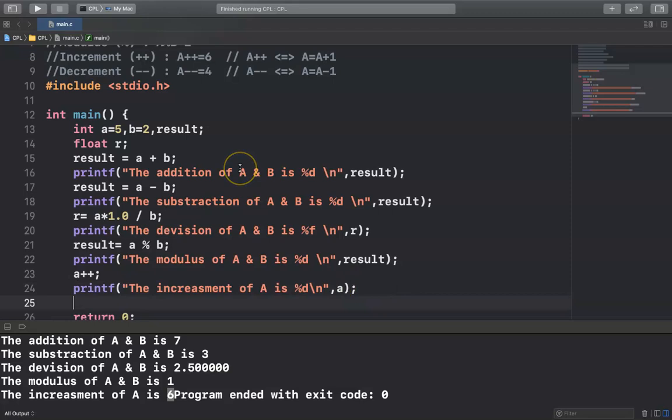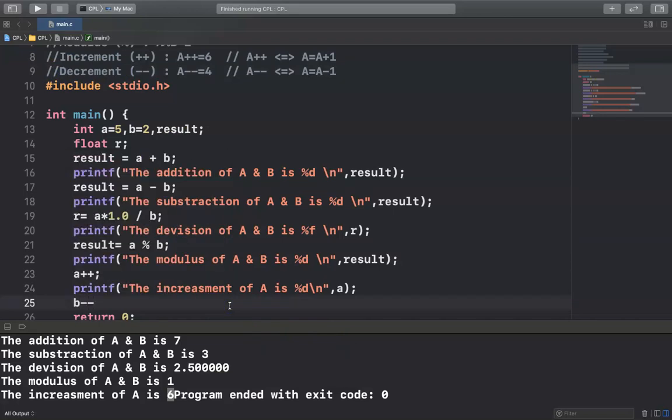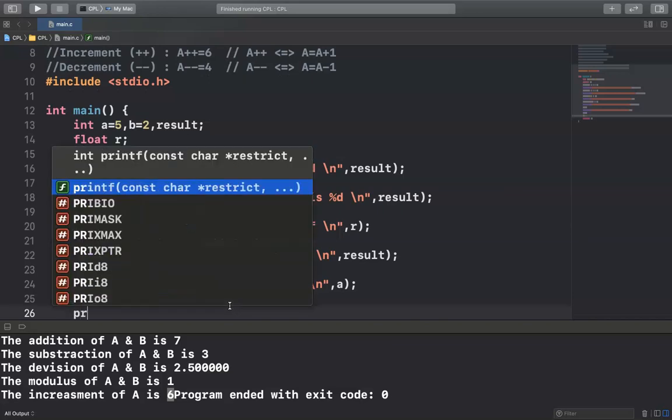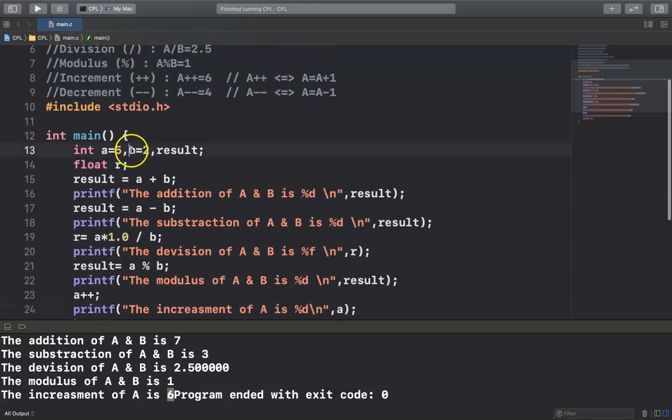And let me give you one more example about decrement. Decrement here, B, for example, B minus minus. And let me print the decrement of B is percentage D, B. B equal to 2.